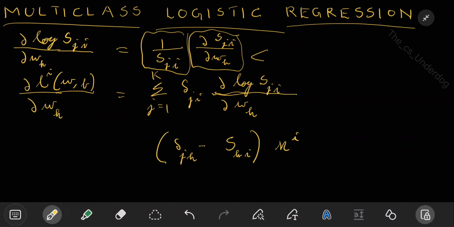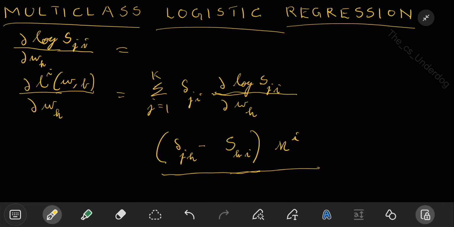What remains is delta jk minus Ski into xi. So this is your del by del wk of log Sji.